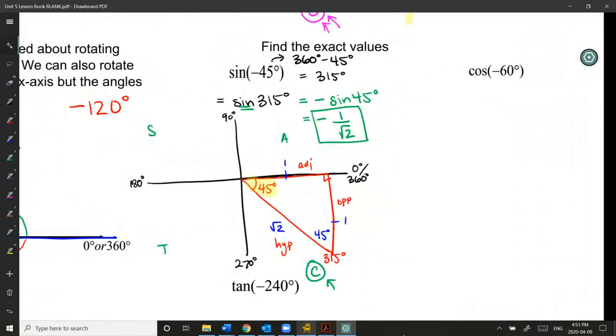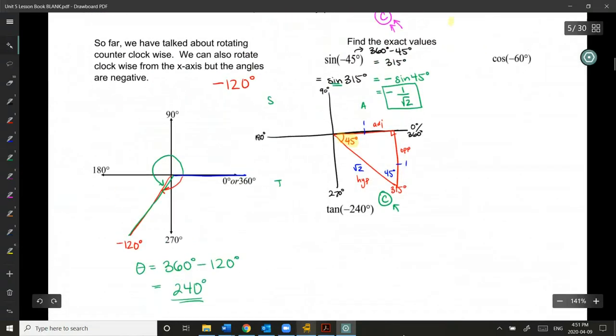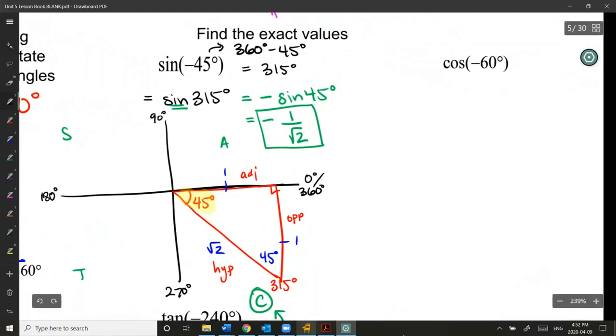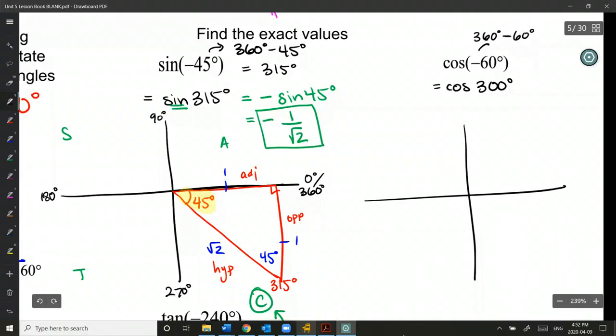Okay, we're going to solve the last three similarly. Switch this into a positive angle by subtracting from 360. That will give us 300. Draw the angle in standard position. If 270 is here and 360 is here, 300 will fall maybe about here.